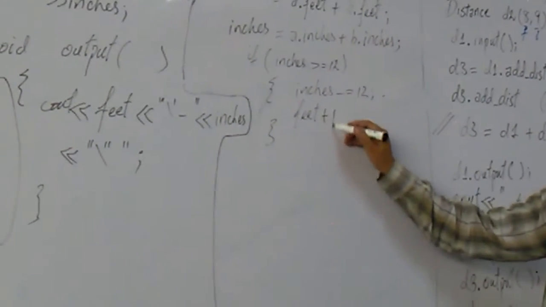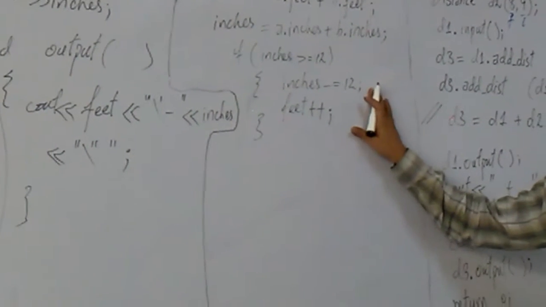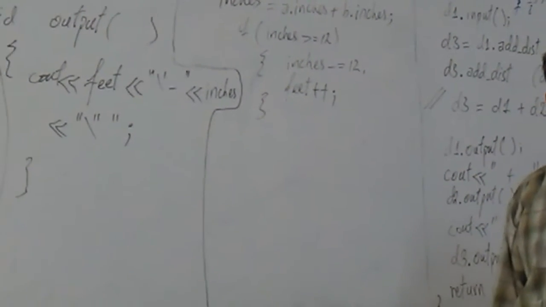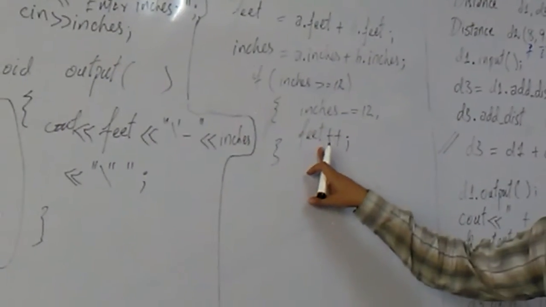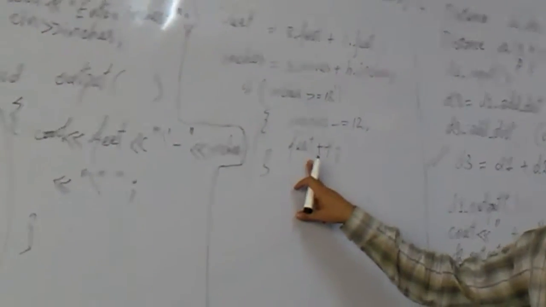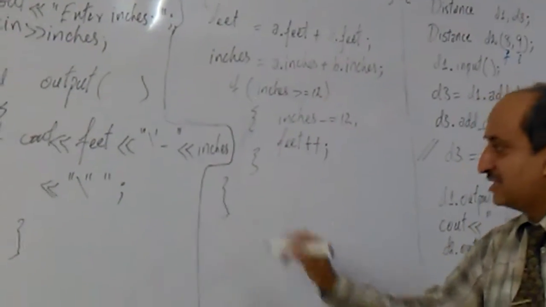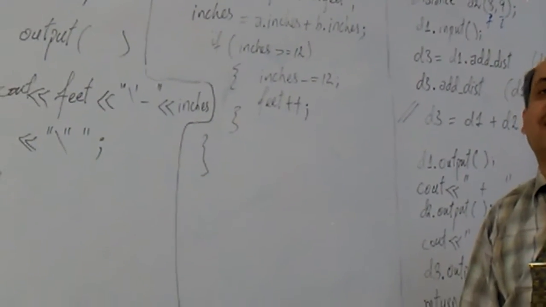Sorry, I forgot to increment. The plus operator can be used to change the value of a variable, to increment it. So the carry is being added to the feet data member. And our function is complete, and in this function we do not need to return our answer.